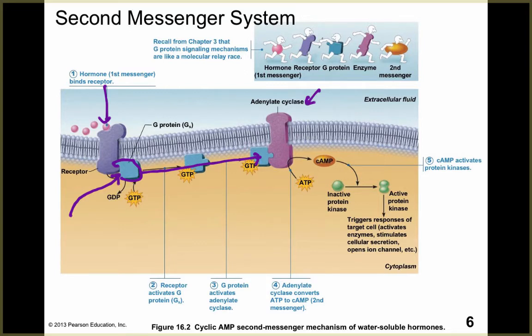And that protein right here is going to activate cyclic AMP. Sounds a lot like ATP, right? The difference is this is adenosine monophosphate, and our energy molecule is adenosine triphosphate, so it only has one phosphate here, and it's circular. So basically, this activates cyclic AMP, which is a signaling molecule.